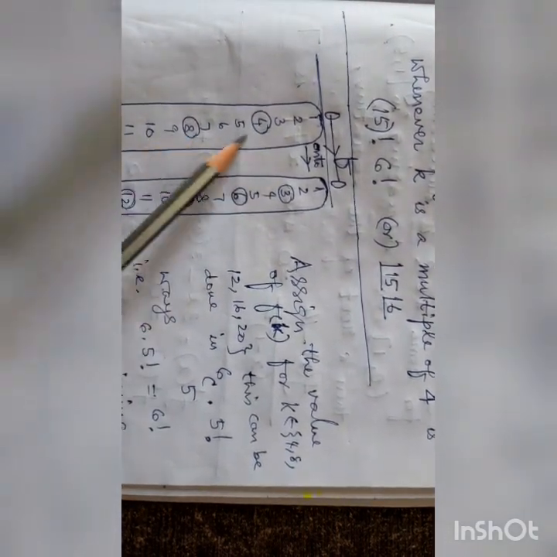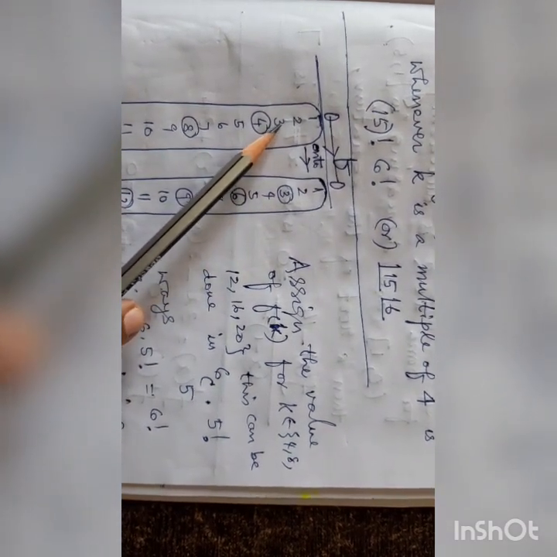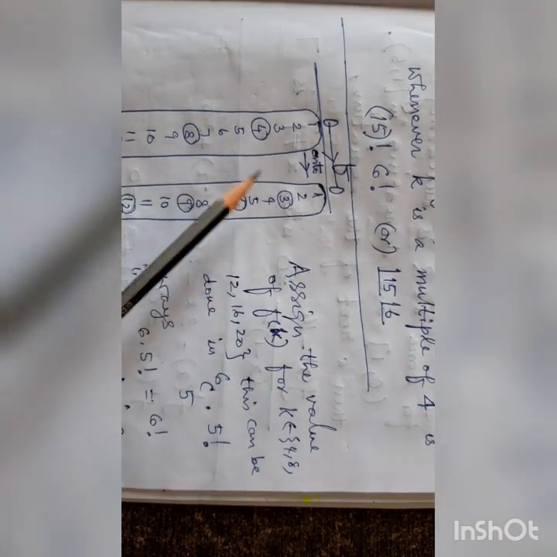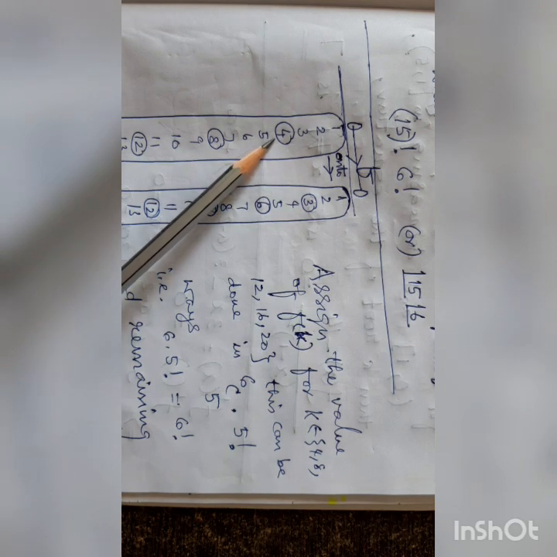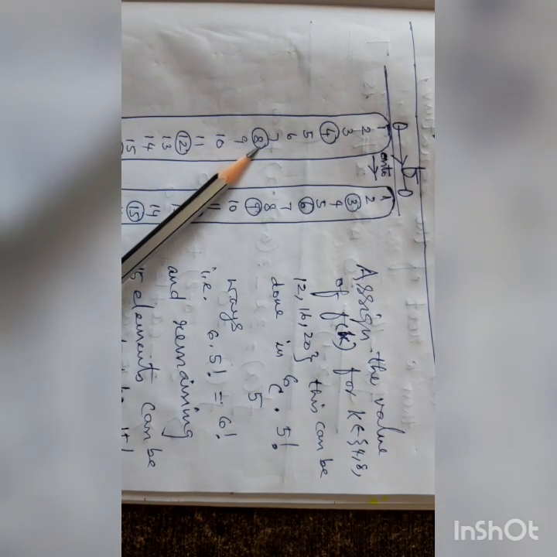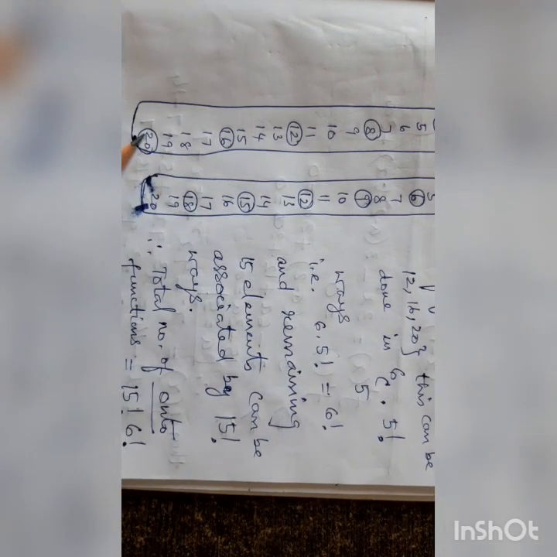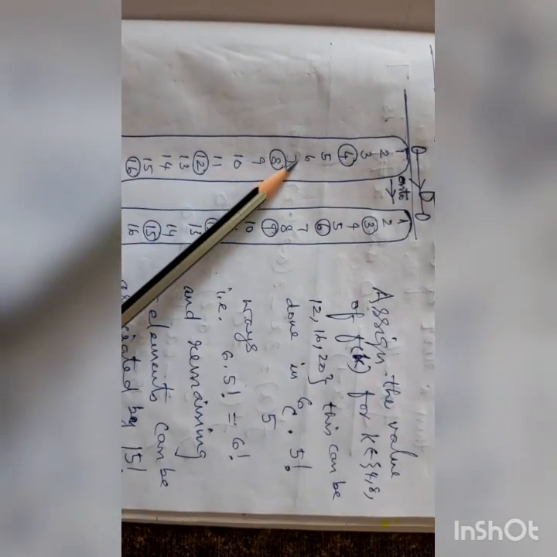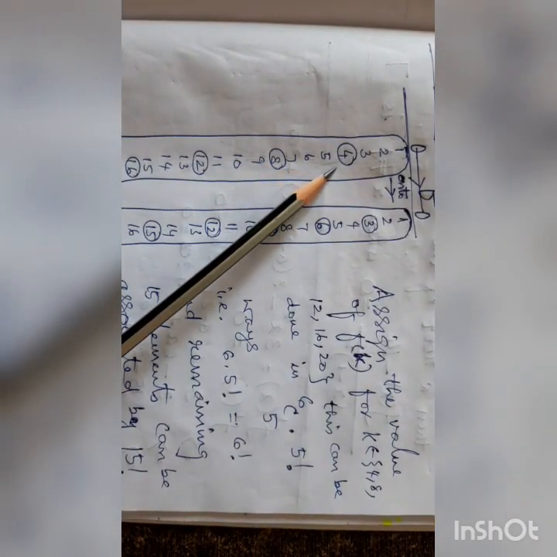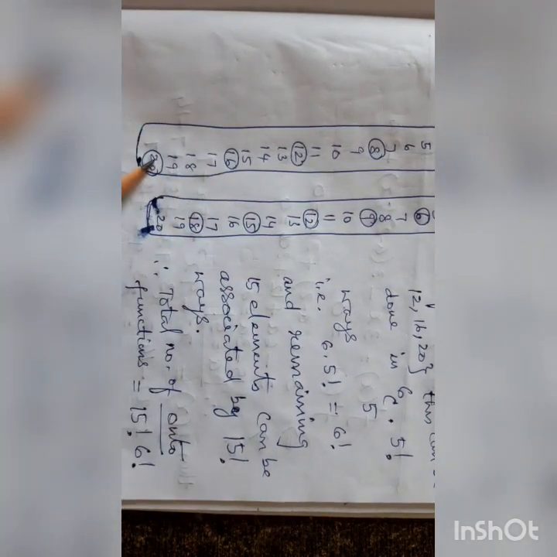This is the domain set. In the domain set, the multiples of 4 are 4, 8, 12, 16, 20. He has given a particular condition on the multiples of 4. How many are there? 1, 2, 3, 4, 5.